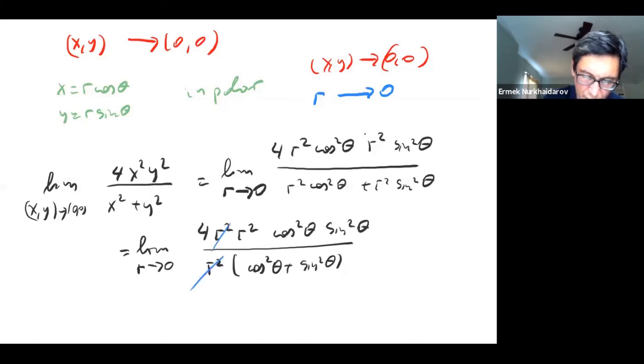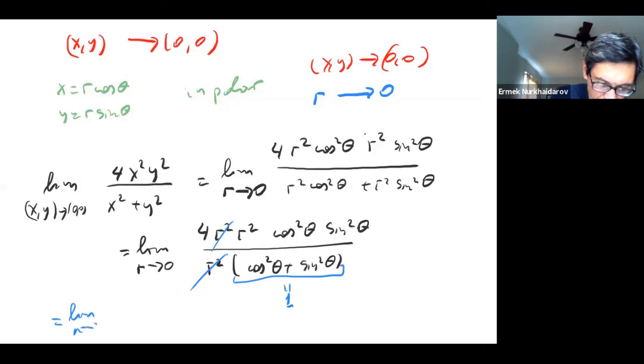R squared and r squared will be cancelled out. That equals to 1. So we're going to get limit as r approaching 0. In the denominator, we have left 1, and on top, 4 r squared cosine squared theta sine squared theta.